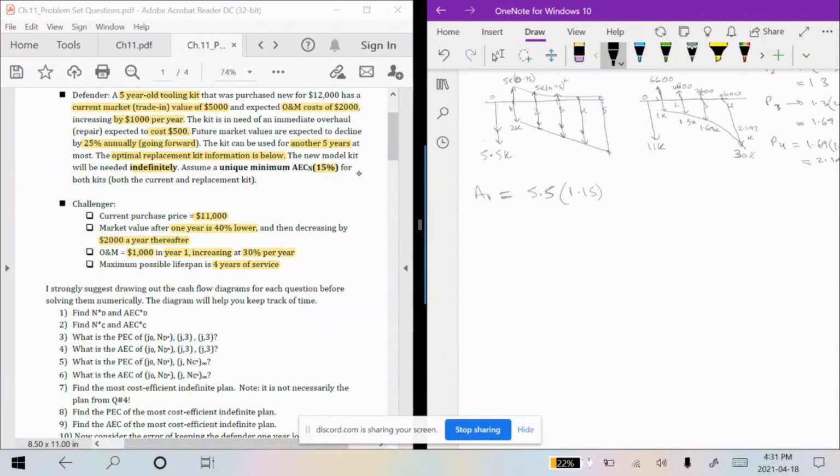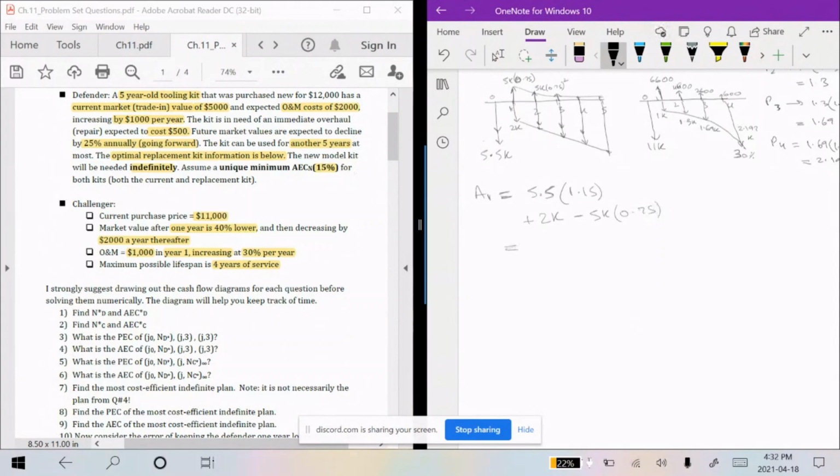So 1.15, taking it forward by 1.15. And in the first period, we have 2K of operating charges minus 5K into 0.75 of the salvage value. You calculate this, it's going to be 5 into 1.15 plus 2 minus 5 into 0.75.